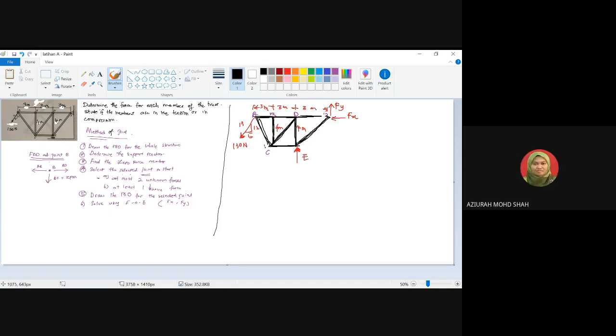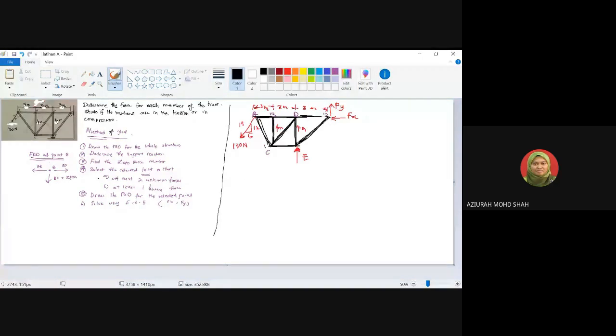Moment dekat E. Kalau you pakai moment dekat E, you have two unknown because Fy is not similar with Fx. Kita guna dekat F lah, sebab moment ni boleh reducekan number of unknown yang banyak lah.